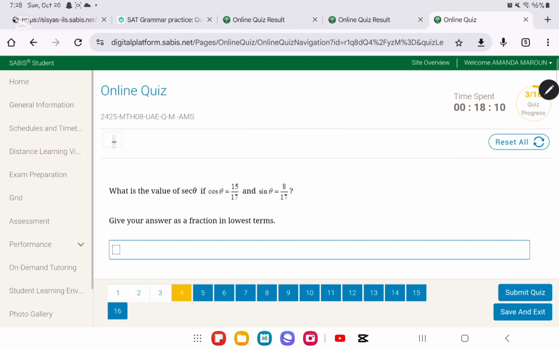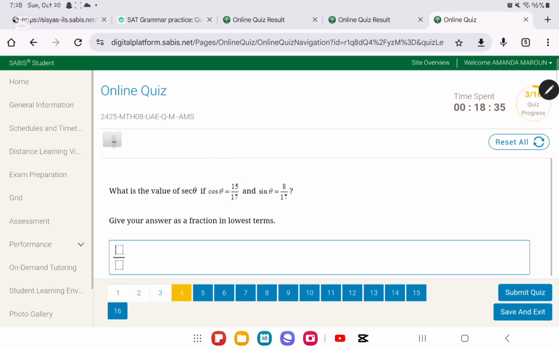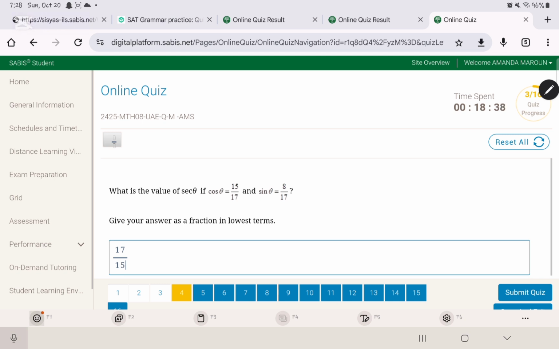So then you can make it a rule. Anytime you see secant and you are given the cosine, you can flip the cosine. If it's 15 over 17, then it will be 17 over 15. So our answer for number 4 is 17 over 15.